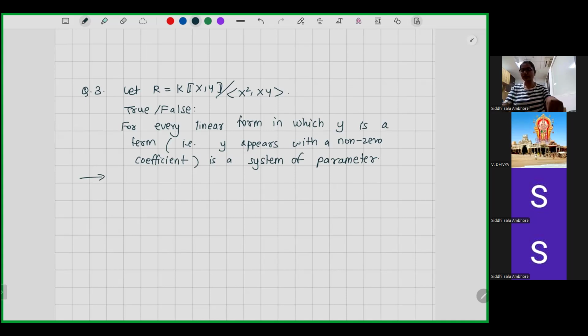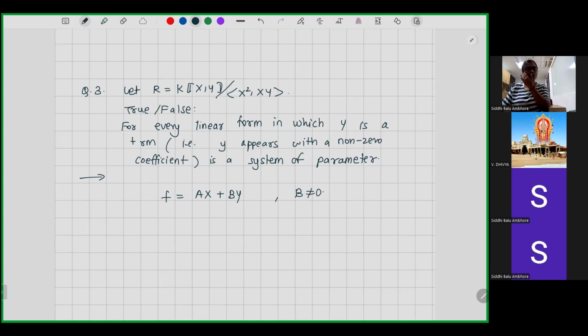And then again, for every linear form in which y appears, what they are asking is every linear form, ax plus by, where b is non-zero. A linear form in k[x,y] will be of this form at least. With b non-zero, they say that this will form a system of parameters.